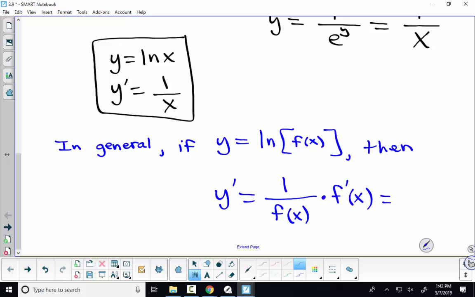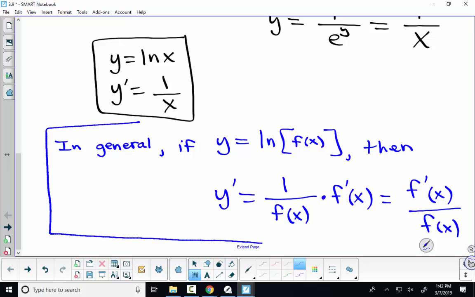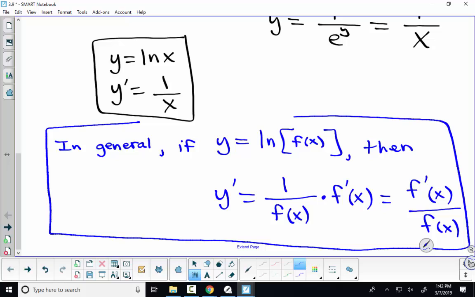Or often it's just expressed as the derivative of the function over the function is how we take the derivative of the natural log of something. So this is what we want to think about the derivative of the natural log is. Or if you think about it in words, the derivative of the natural log of whatever this argument is, it's just 1 over the argument multiplied by the derivative of the argument.